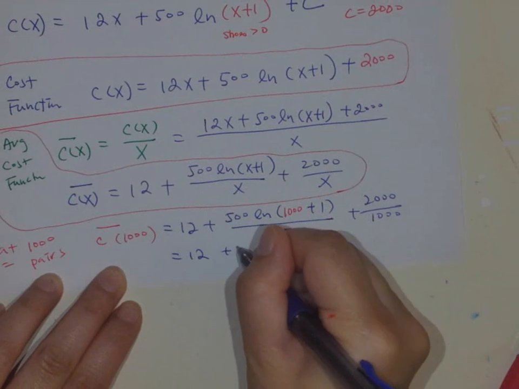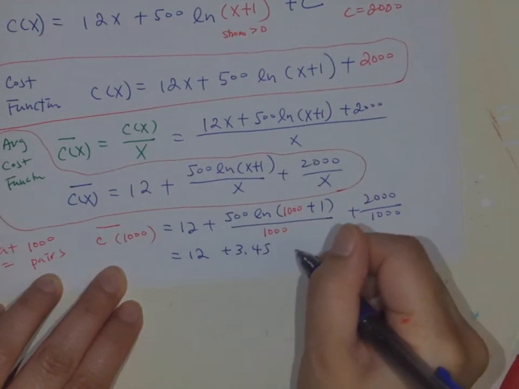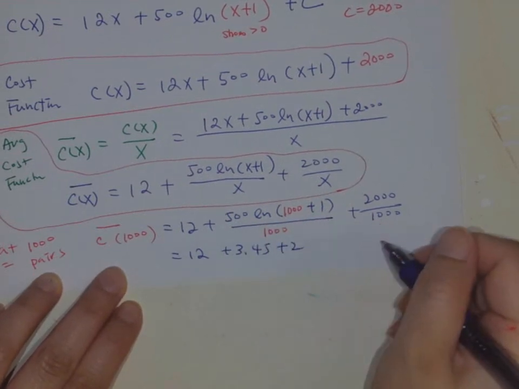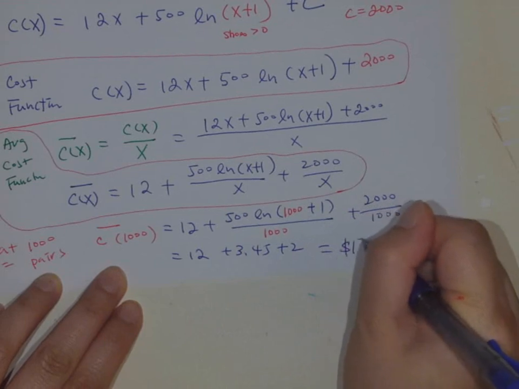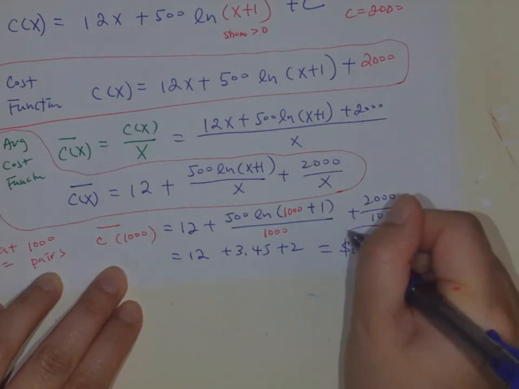It's about 3.45, adding a 2, so that would be 17.45.